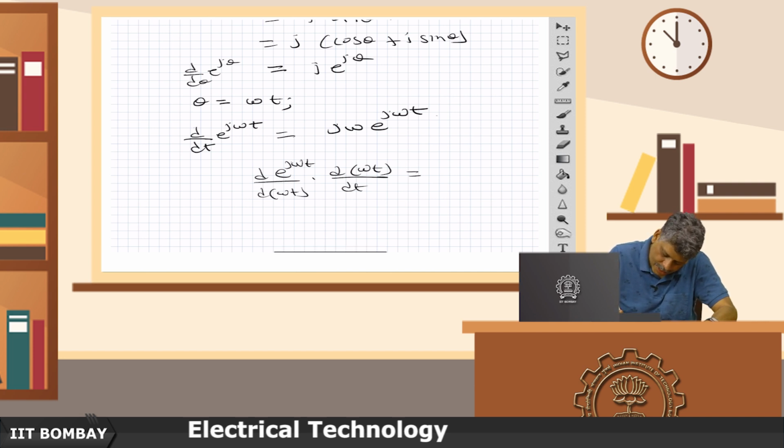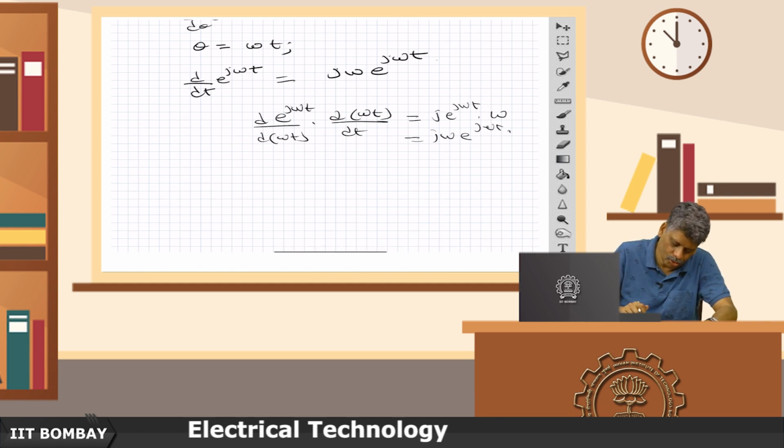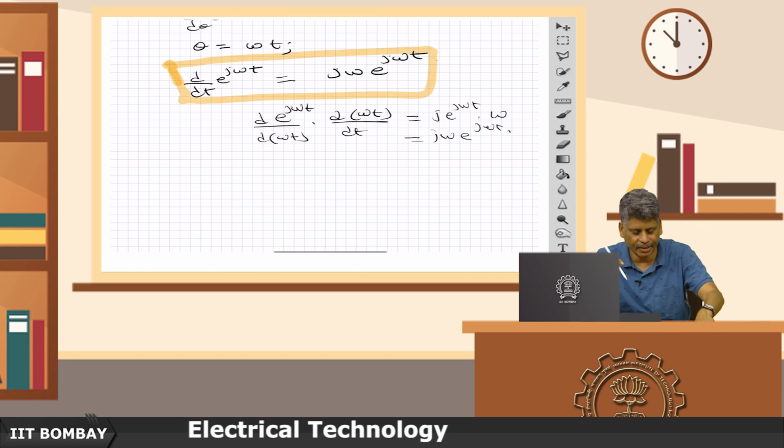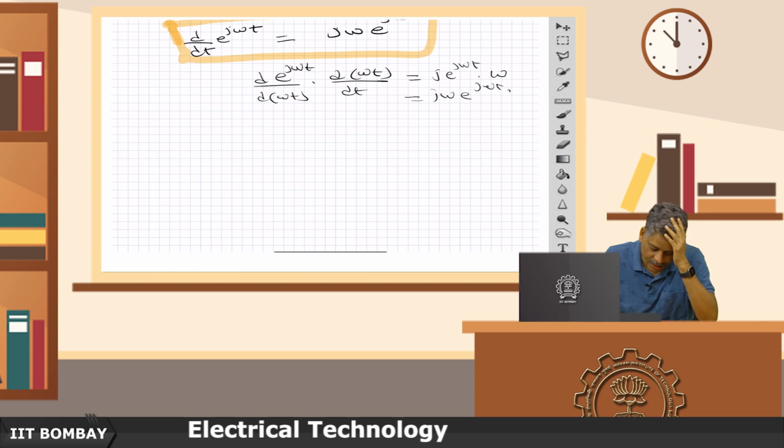But this is j e to the power j omega t, and the second term is omega. So, it is j omega e to the power j omega t. So, this identity is very crucial for us.